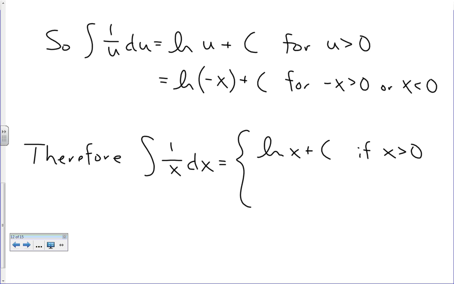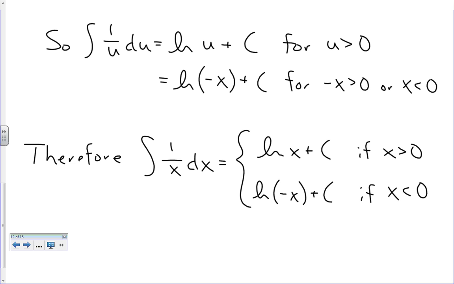Case 2, what we just found out was it's equal to the ln of the opposite of x plus c, and that's if x is less than 0. I think I said natural log. I'm trying to stick to ln of x and ln of the opposite of x there.